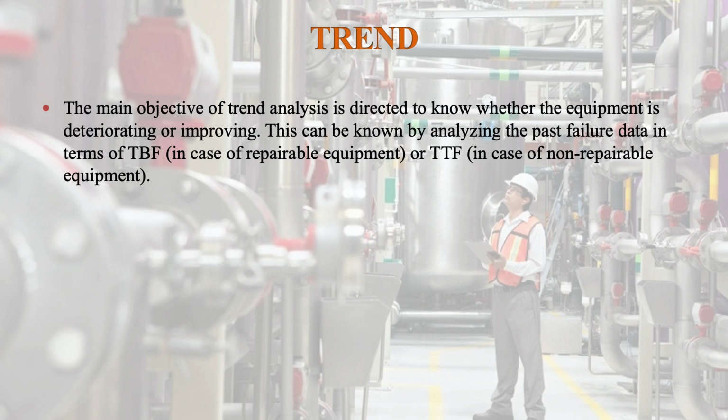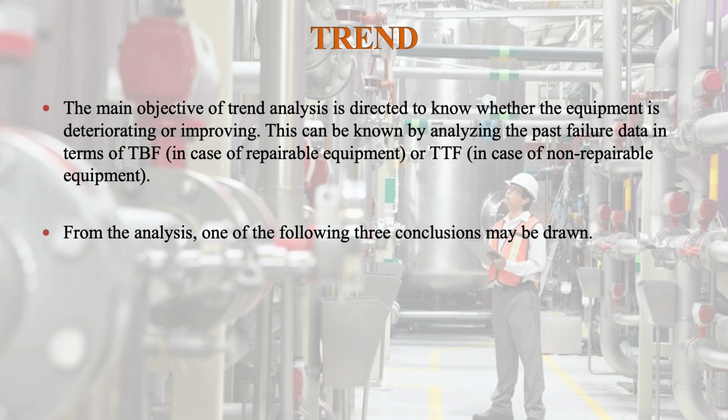The main objective of trend analysis is to know whether the equipment is deteriorating or improving. This can be known by analyzing past failure data in terms of TBF, time between failures, in the case of repairable equipment, or TTF, time to failure, in the case of non-repairable equipment.